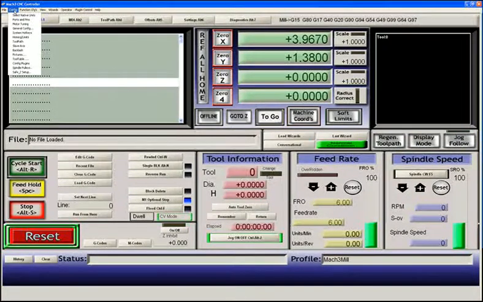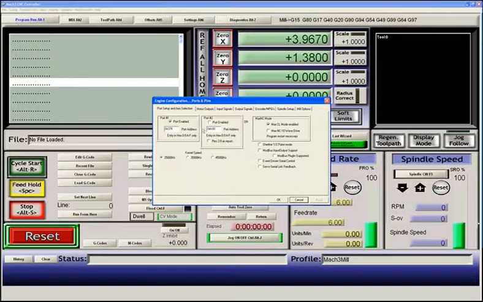We're going to go up to Configure, Ports and Pins. Under Configure Ports and Pins, you can see that we have port number 1 enabled, and it's at address 378. If you have any questions as to whether 378 is the proper address for your machine, watch the first video on setup and download of Mach 3.